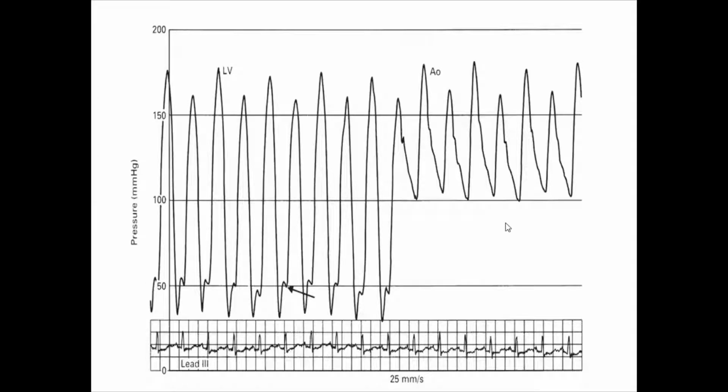So now try to put it all together. I can make use of the ECG: sinus tachycardia. I have beat-to-beat variation. What do we usually call this? Pulsus alternus. So I have pulsus alternus on both LV and aorta, sinus tachycardia, and high LV EDP.